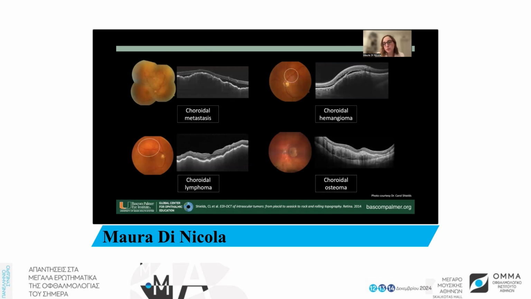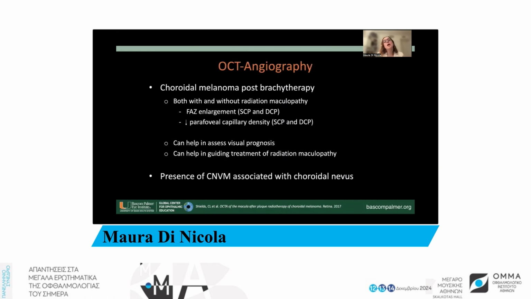And finally, choroidal osteoma, of course, we can always use ultrasound to confirm the presence of calcium, but even OCT alone can give us a pretty big indication that this is a choroidal osteoma, because you can see the typical lamellae on OCT pretty clearly in many cases.